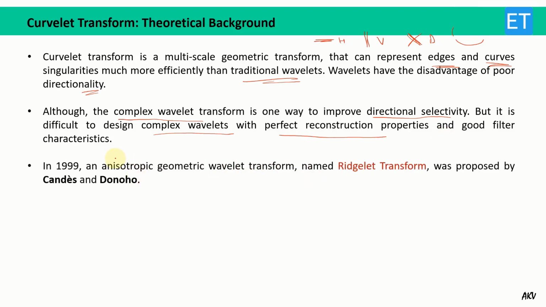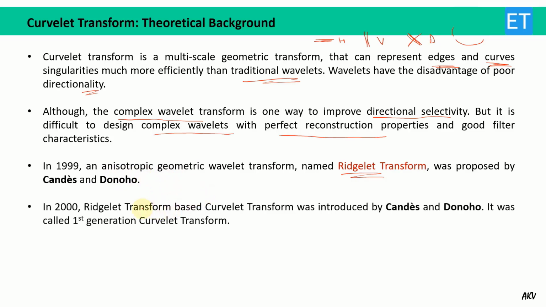Later in 1999, an anisotropic geometric wavelet transform, known as the Ridgelet transform, was proposed by Candes and Donoho, which was able to capture the details along the curvatures. And in the year 2000, by the same authors, the Ridgelet transform based Curvelet transform was introduced. It was called the first generation Curvelet transform.